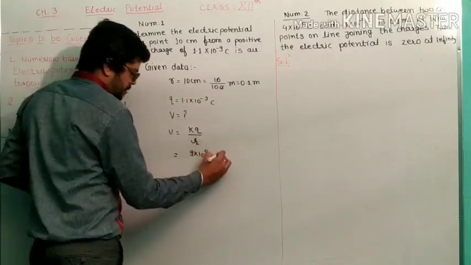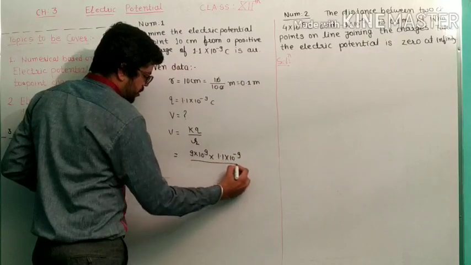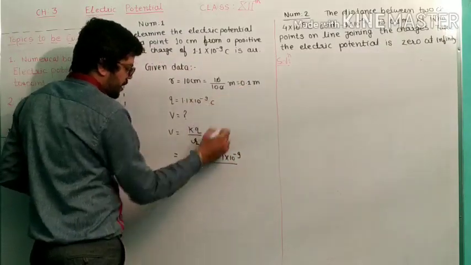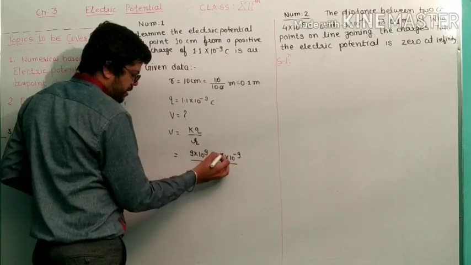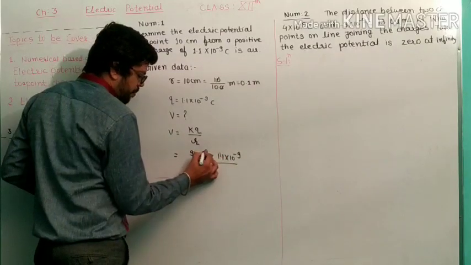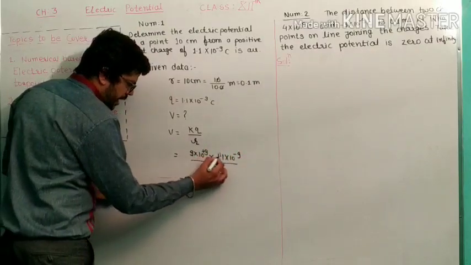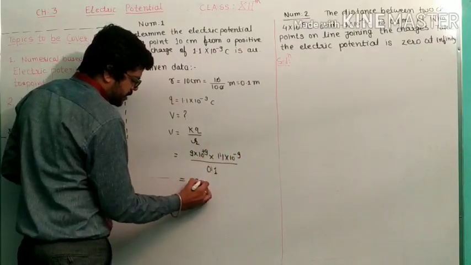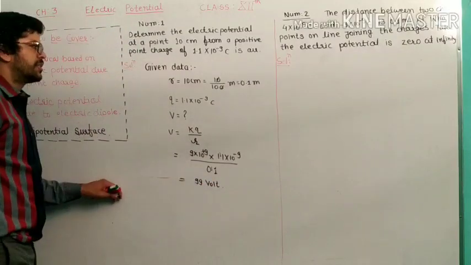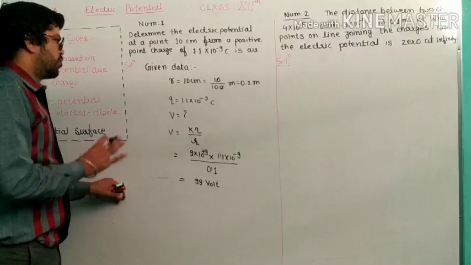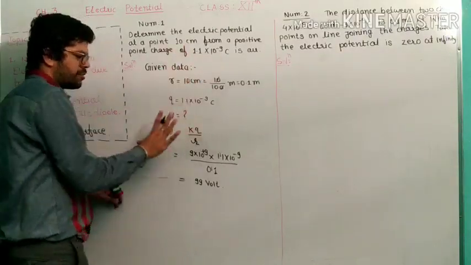Q is 1.1 into 10 to the power minus 9, divided by R, 0.1. The decimal points cancel, 10 to the power 9 and 10 to the power minus 9 give 10 to the power 0, and 9 into 11 is 99 volt. This is the answer of numerical number 1, which generally carries only 1 mark.